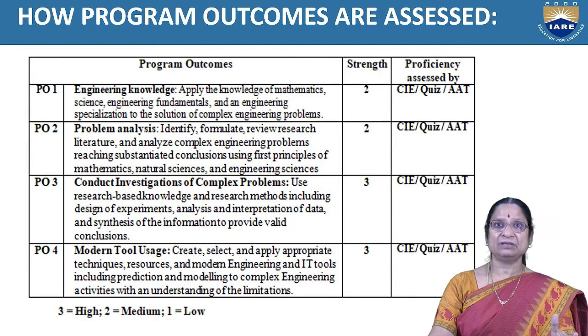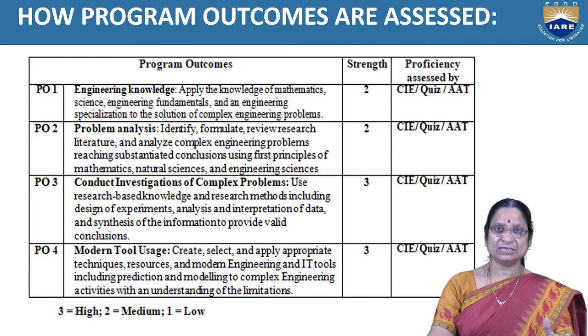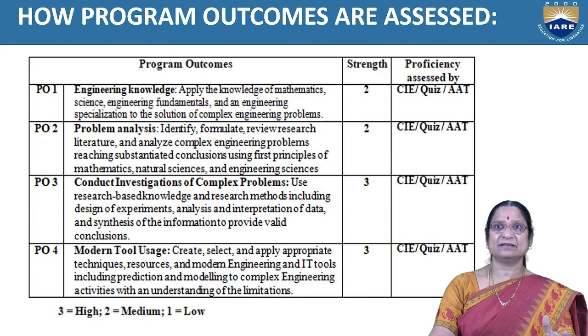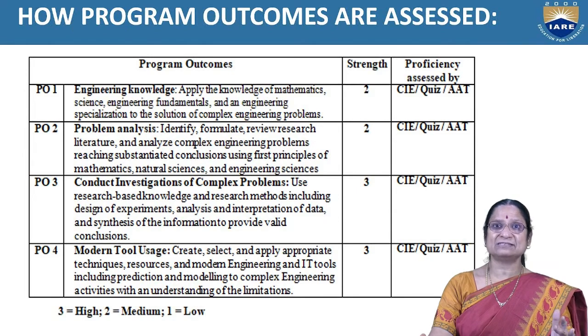It involves applying the basic knowledge of mathematics and sciences, as well as data structures and programming languages, and problem analysis, because any database application given will be analyzed and the database is going to be designed.